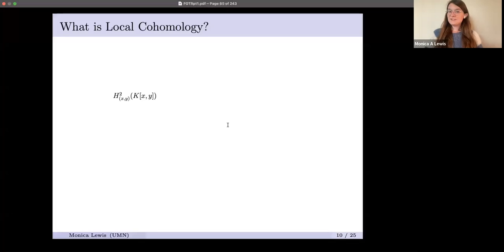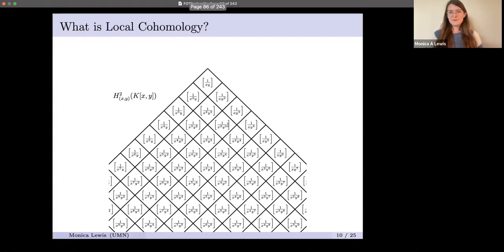So just to start with an example of a local cohomology module, consider taking the polynomial ring in two variables over a field and forming top local cohomology, H^2, with respect to the homogeneous maximal ideal (x,y). As a vector space, this is not too hard to describe. It has basis 1 over x^i y^j, where i and j are positive integers.